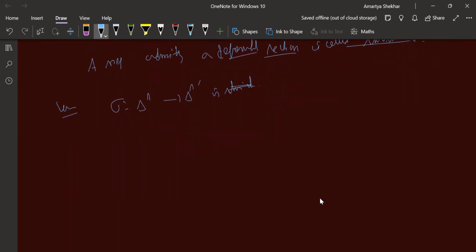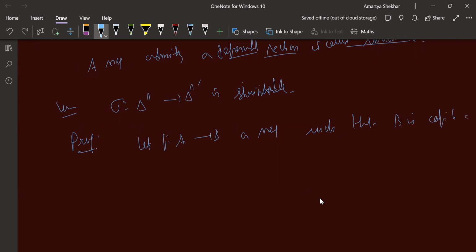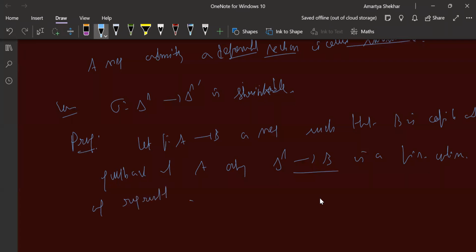Let me write this out properly. And a proposition. Let's consider a map such that B is cofibrant and the pullback of A along maps is a finite colimit of representables.